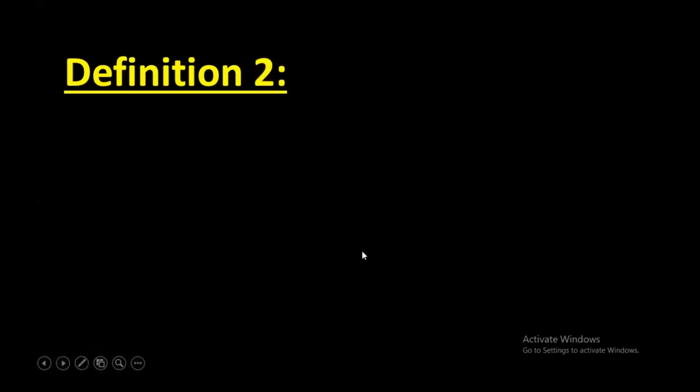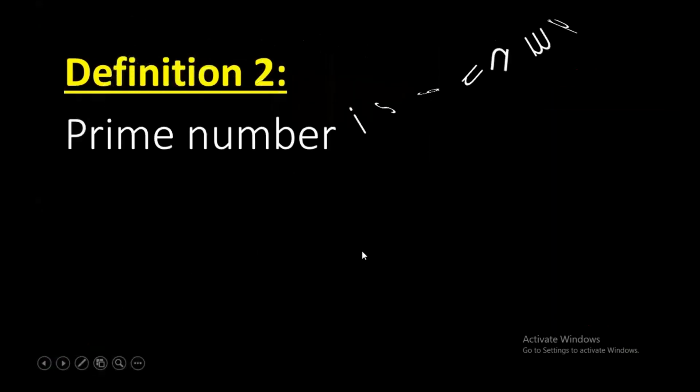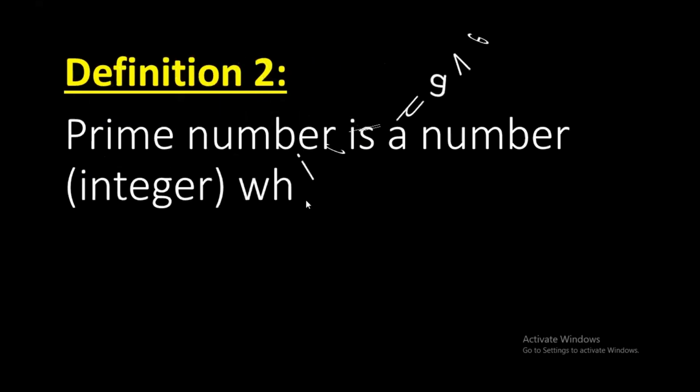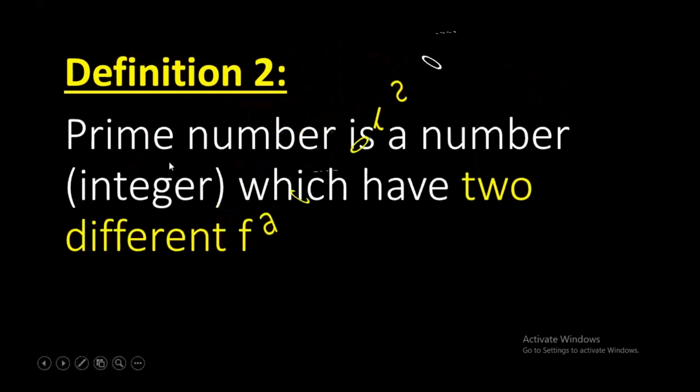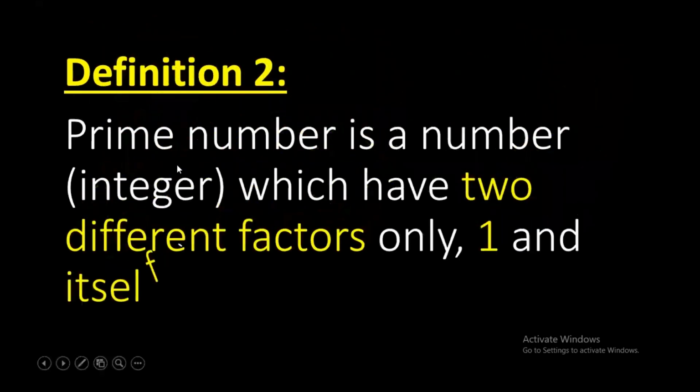So the definition number two is: a prime number is a number or integer which has two different factors only, one and itself. There is a term, factors. I have uploaded a video in which you can find how to find the factors of a number. So please see the playlist.